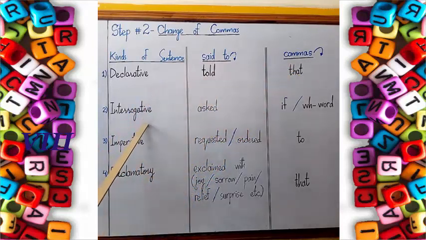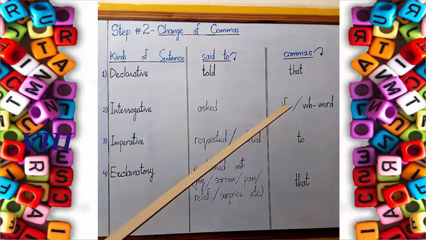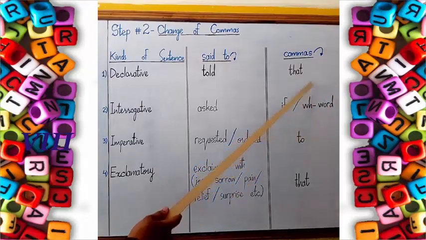If an interrogative sentence is given, commas are changed into either if or a WH word. You know that there are 2 types of interrogative sentences, simple interrogative sentence and WH interrogative sentence, which is called a WH question. So if there is a WH question given inside the commas in the reported speech, you will use the same WH word instead of commas.